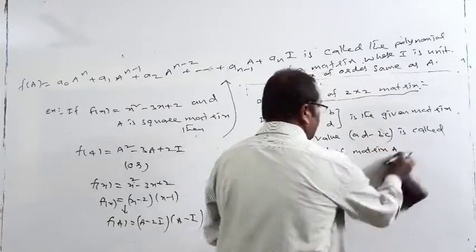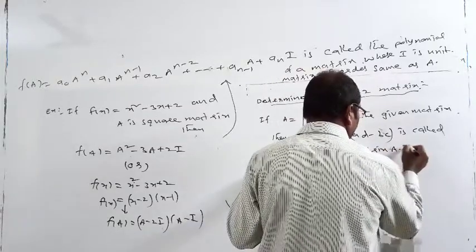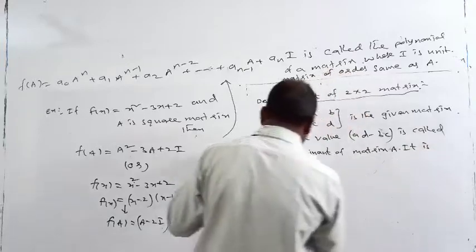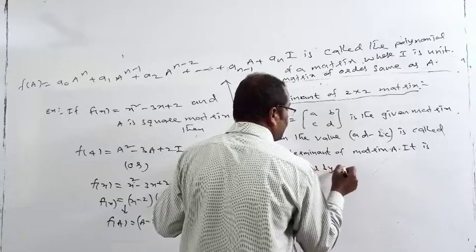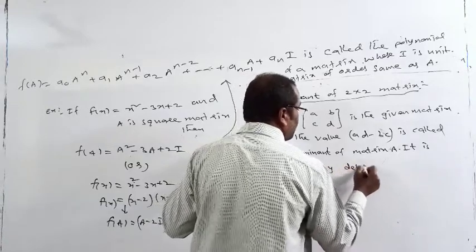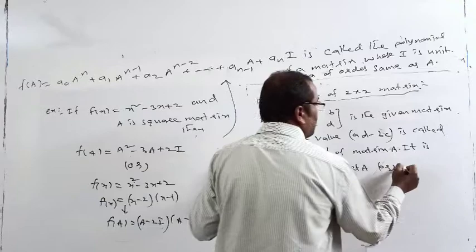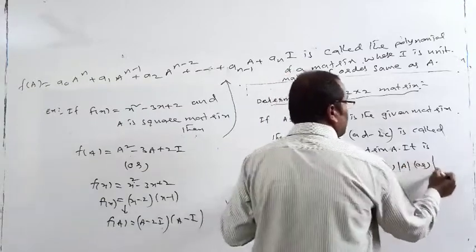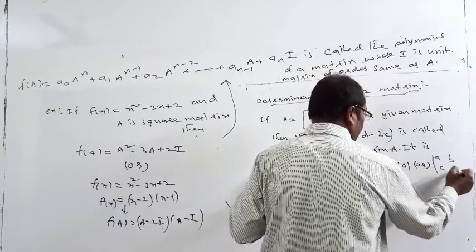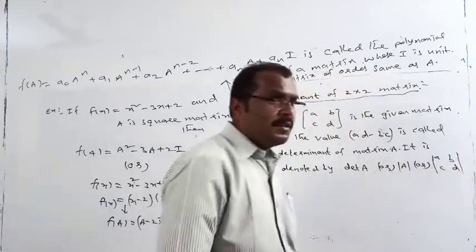So it is denoted by det A or determinant of A or determinant of A, B, C, D. All are similar.